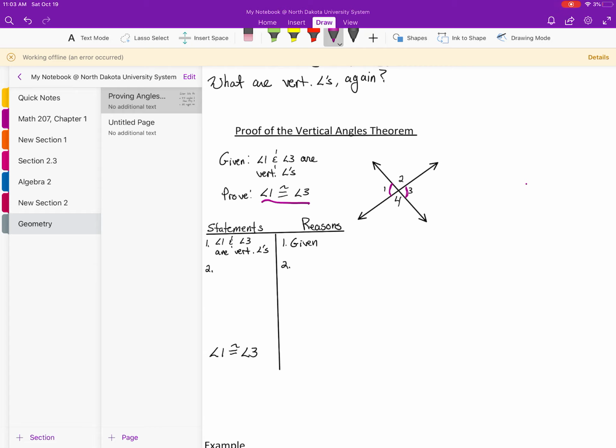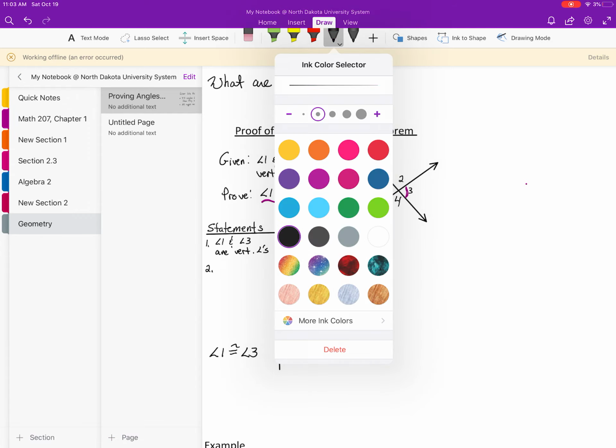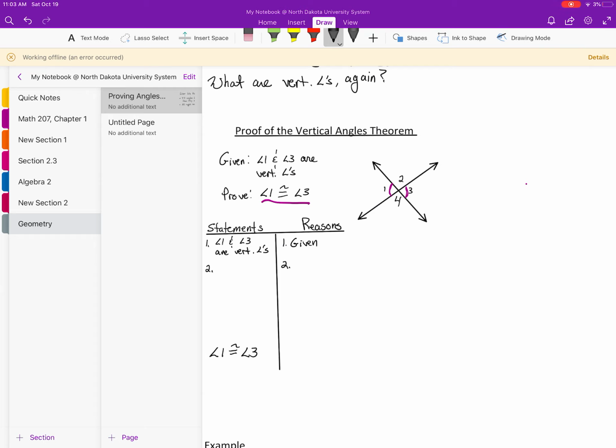Well, let's start with the given statement. Always start a two-column proof or any proof with what you're given. And in this case, we're given angle 1 and angle 3 are vertical angles. Okay. Well, what's next? How do we get from vertical angles to congruency?